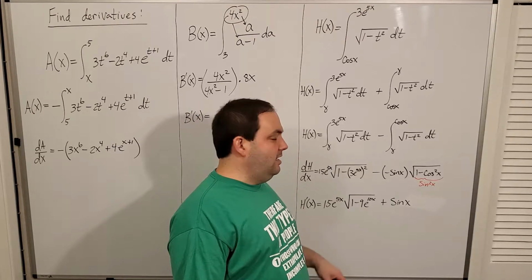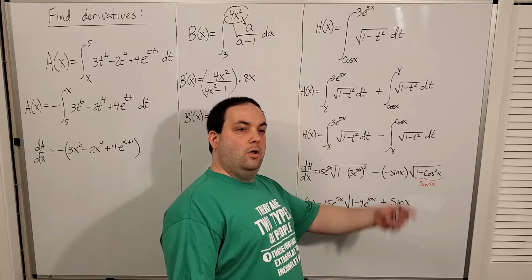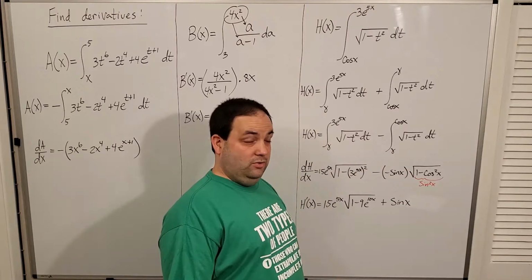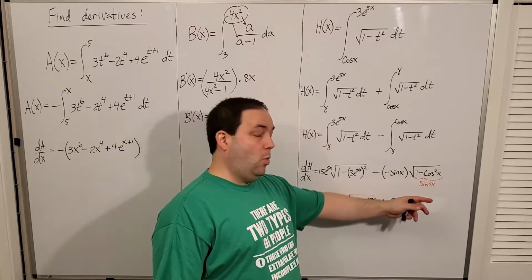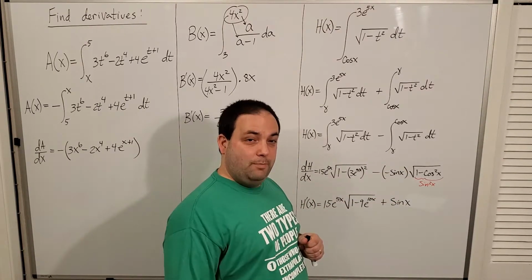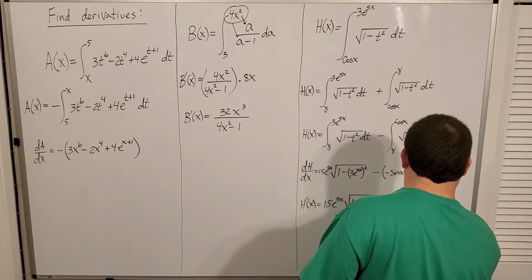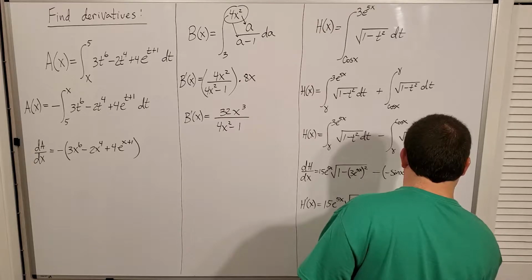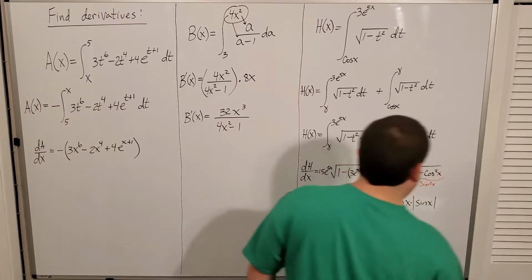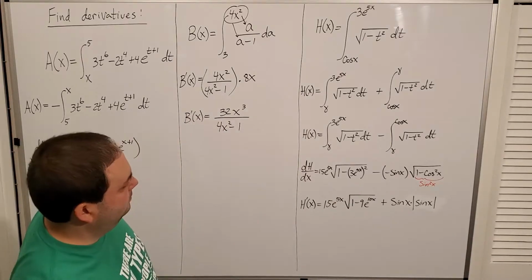It's going to give me sine, sure, but remember, sine can take on negative output values. And square root and squared, when mixed together, actually don't just give the object back, they give the absolute value. So it would be times the absolute value of sine x, like this. And that would be your derivative function there.